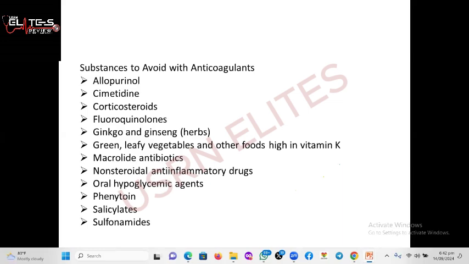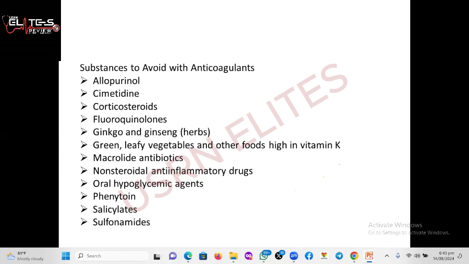An example I'll touch on is herbs that can affect the coagulation levels. If someone is taking either warfarin or heparin, the person has to do everything possible to limit their intake of kigo and ginseng. These kinds of herbs affect what we call clotting, or they can increase the effects of heparin and warfarin.